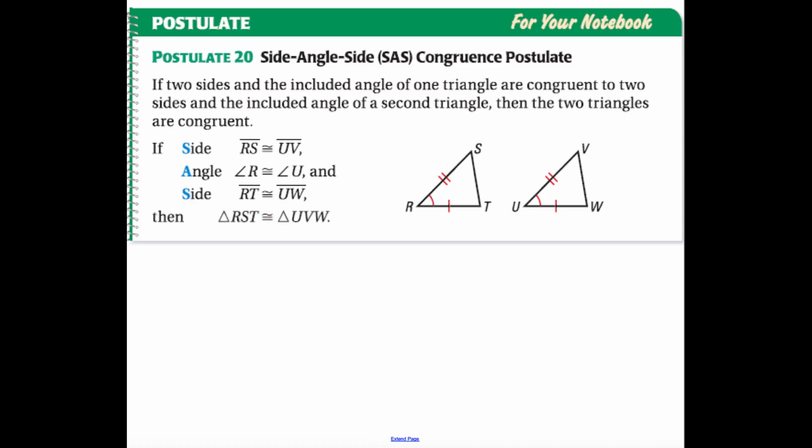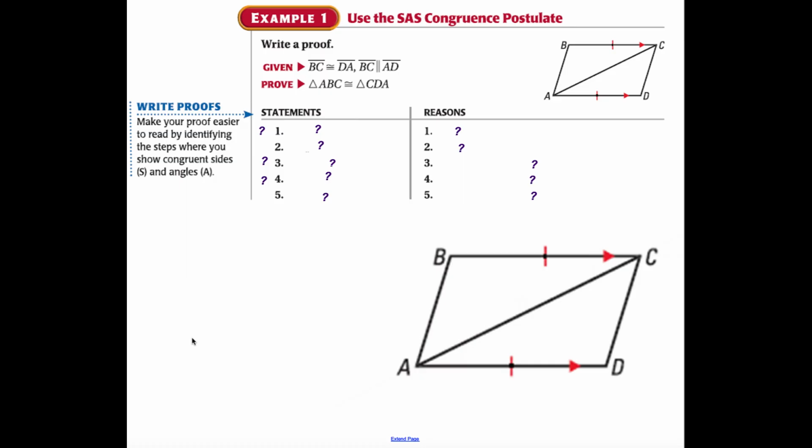Of course, we could do a little proof using this. Now, this is section 4.4 example 1, and you have a little more information already open on yours. I think you have a couple givens. You have the angle BCA and DAC are congruent.